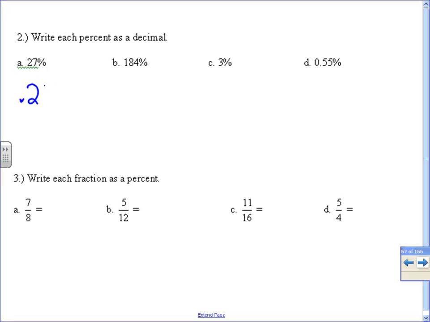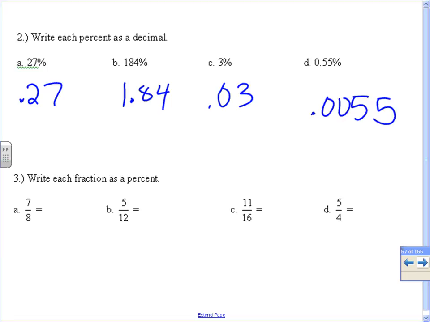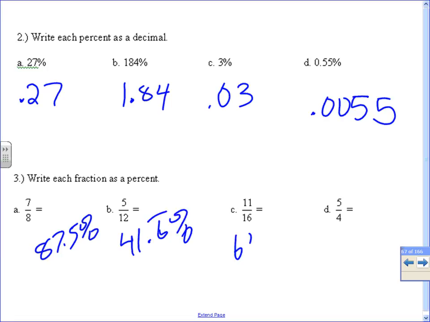Perfect. Sean, letter B. Yep. Letter C, Emma H. Good. Letter D, Doug. Good job. Justin, 3A. Good. Matt, letter B. Good. Alyssa, letter C. Perfect. Letter D, Adam. Great job.